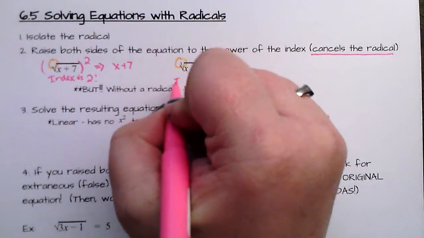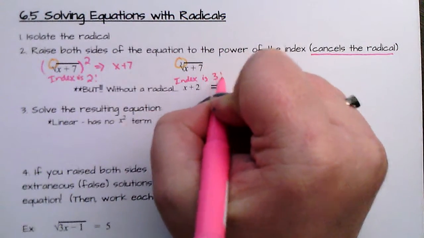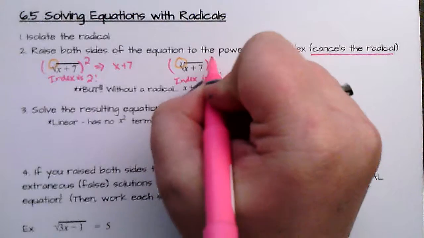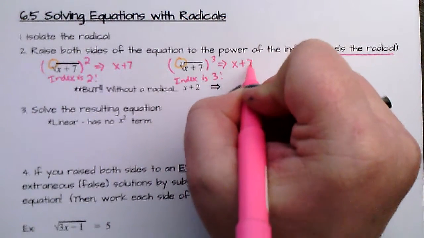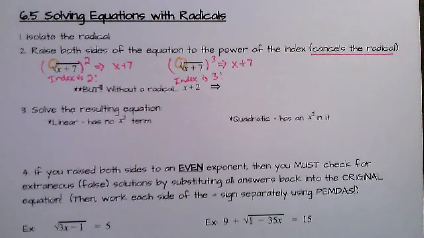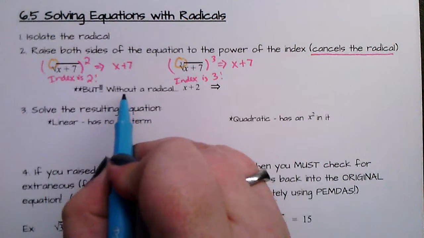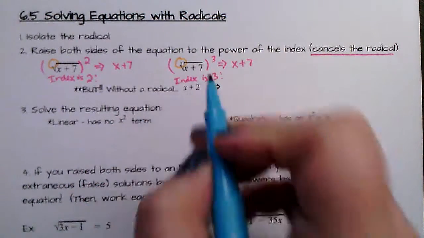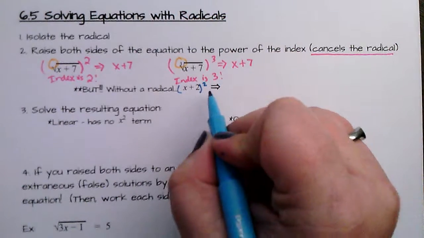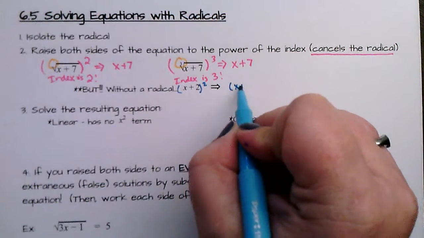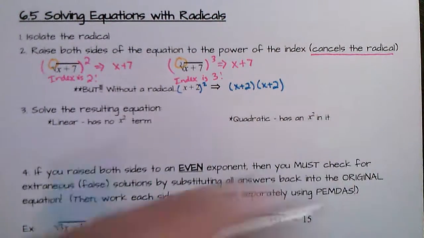Here, the index is 3, because there's a 3 written in the index spot. So we raise both sides to the third, and then it cancels the radical, so it's x plus 7. However, something you need to make very sure that you know is when there's not a radical and you have something like x plus 2 and you square it, that really means there's 2 of them.